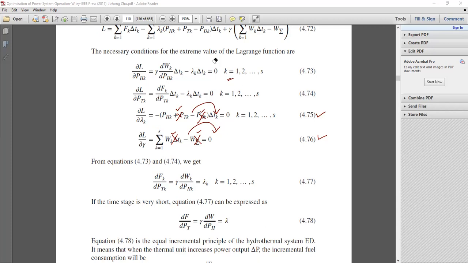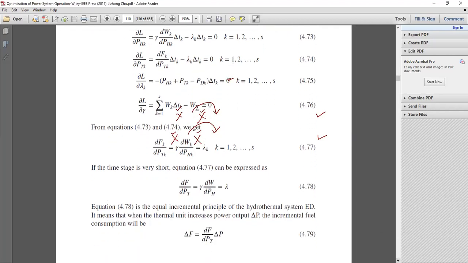That means if the value of del TK is very small, you can even generalize this. Even if you consider the time stage very short, let's say 1 hour only, you can drop the K and simply write this relationship.